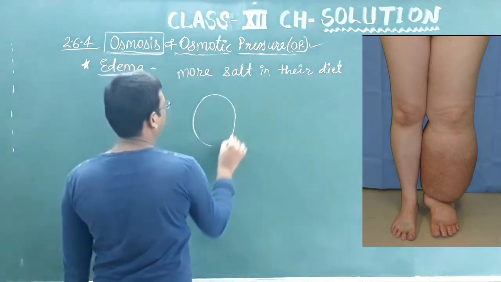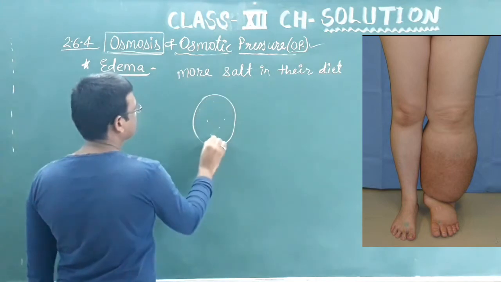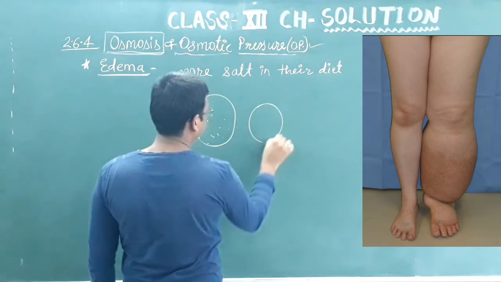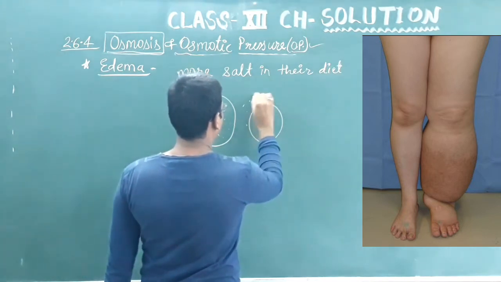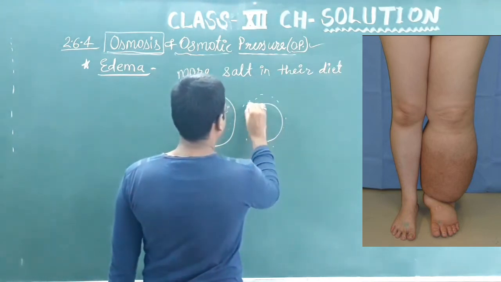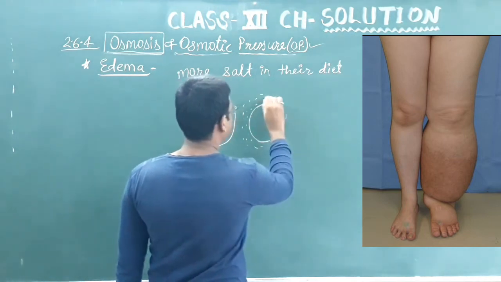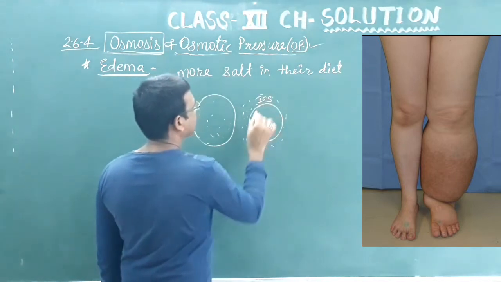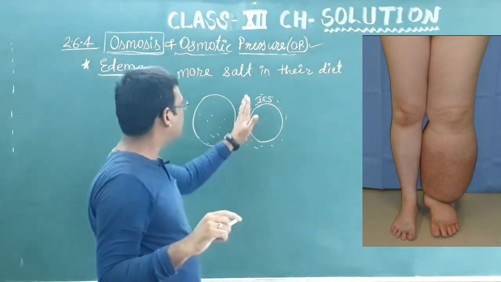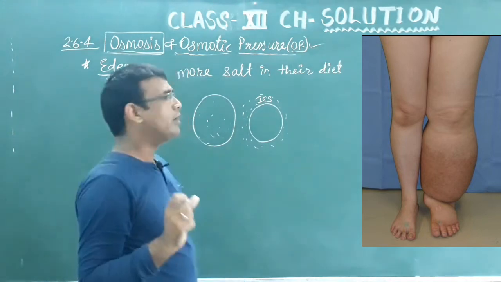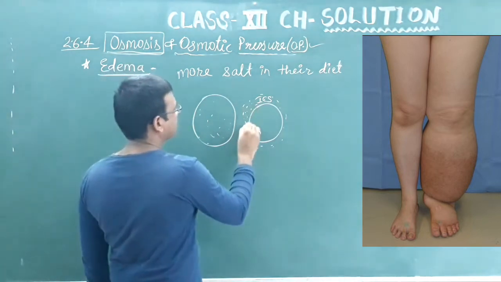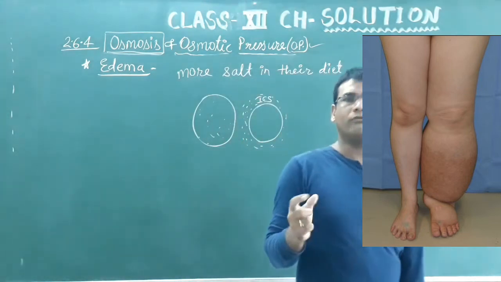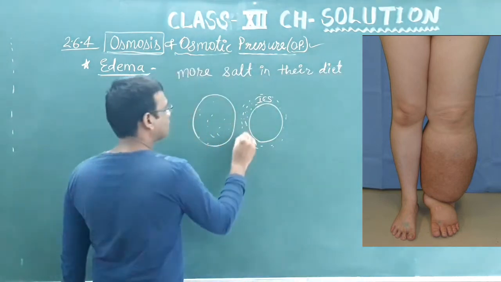This is the cell in which concentration is more, and this is the nearby cell. And here it is water or plasma around it. Let us see, intercellular space, ICS. Intercellular space means what? The space between two cells. What is there? Liquid is there, that is called intercellular liquid or fluid. Okay, in that fluid water is there.